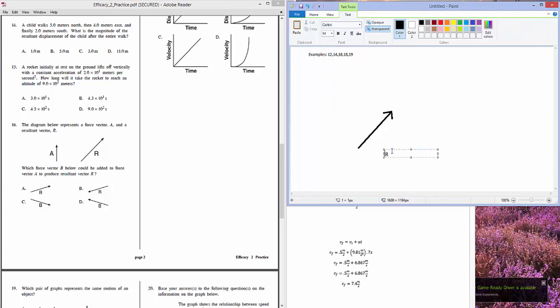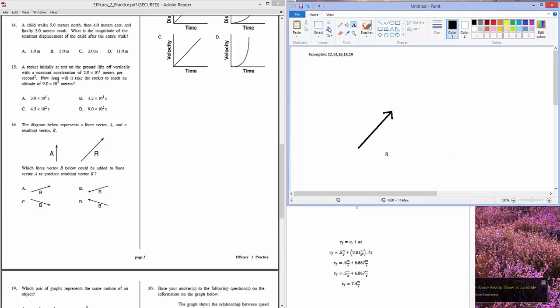R. So this is vector R. We were trying to figure out what vector could be added to force A to produce resultant vector R. So to figure out which vector can add to A to give you R, we've got to take a look at what would happen if you drew them.